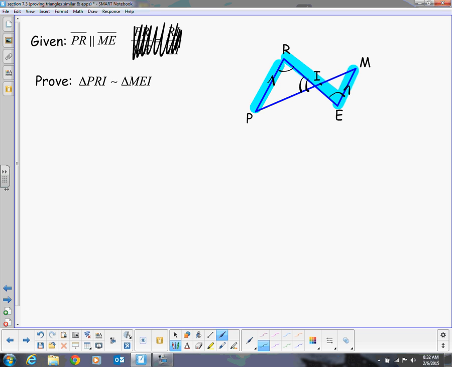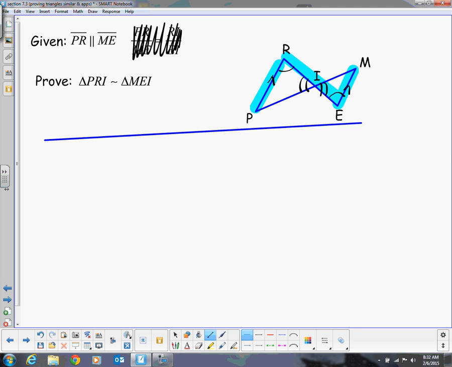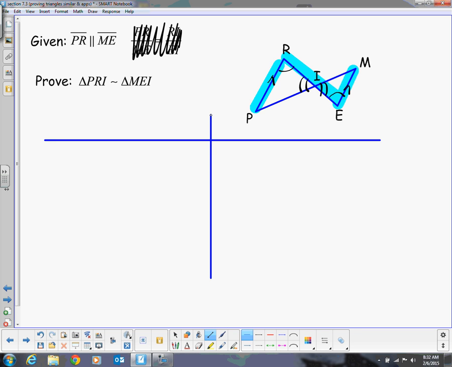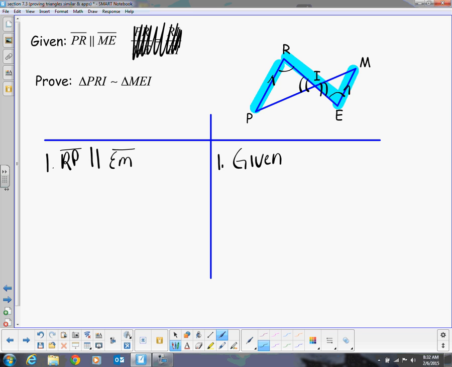Could you have done yet another pair? Could you have done your Z this way? So we're going to do vertical because that's what we've got. So now we're going to say that we've been given PR parallel to EM, and that was given. Now, when I go to do angle R, wouldn't it be PR, and isn't RP and EM the same?